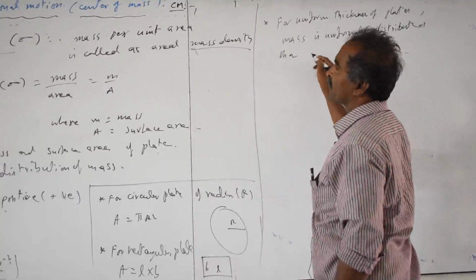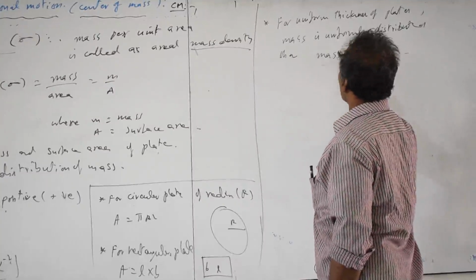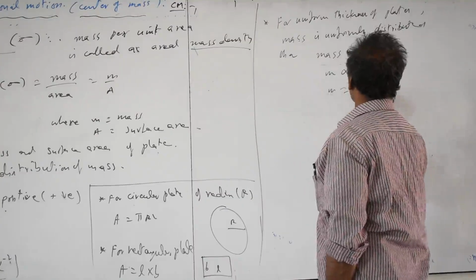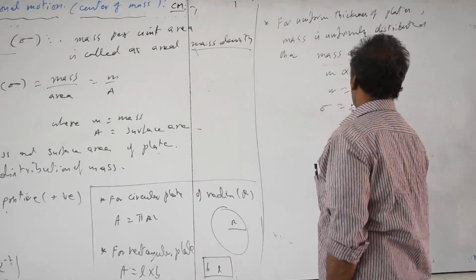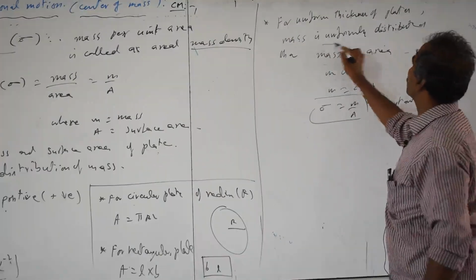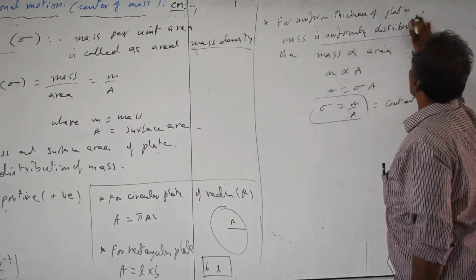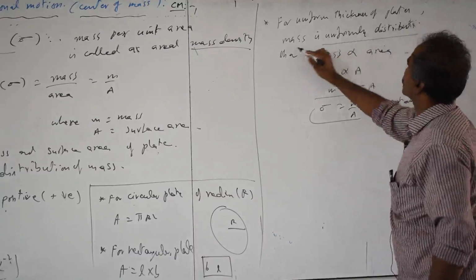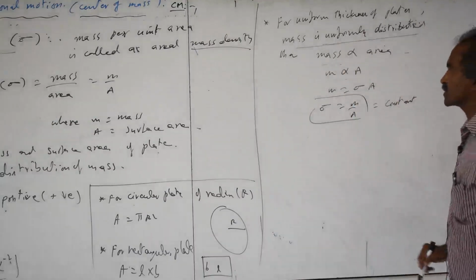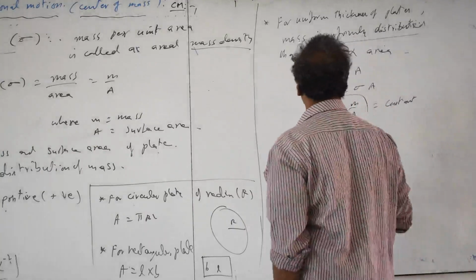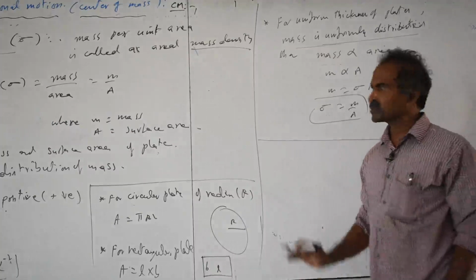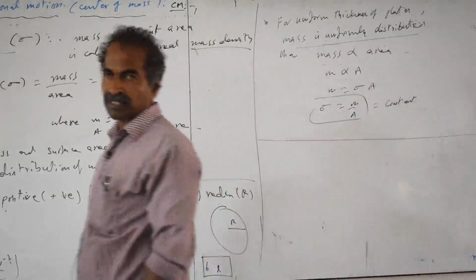Then mass is proportional to area. M proportional to A, M equal to sigma into A or sigma equal to M by A equal to constant. This point is important for uniform distribution of mass. For non-uniform thickness, sigma is not a constant. We take the problems linked only to the sigma constant terms, but most probably the problems will not be given for the non-uniform case, only for competitive exams that is important.